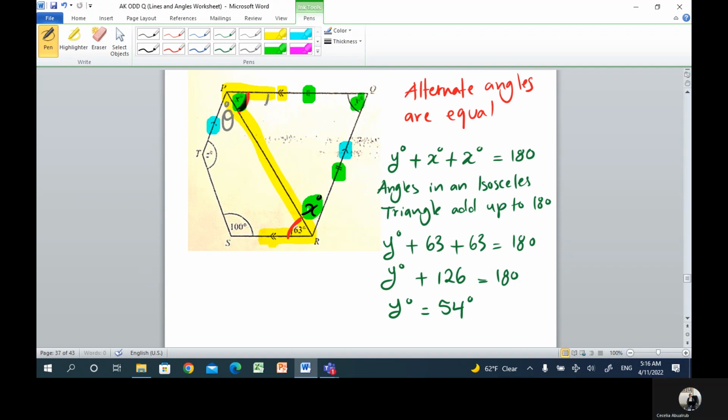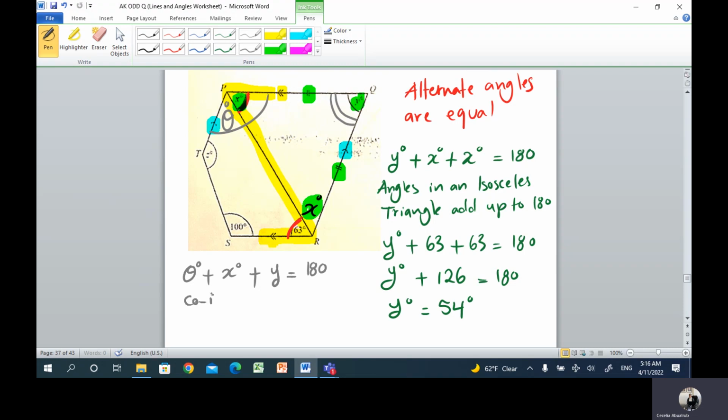So this angle and this angle are co-interiors. So I'm going to say theta is my unknown now. So theta and x are co-interiors with y. So they all add up to 180.